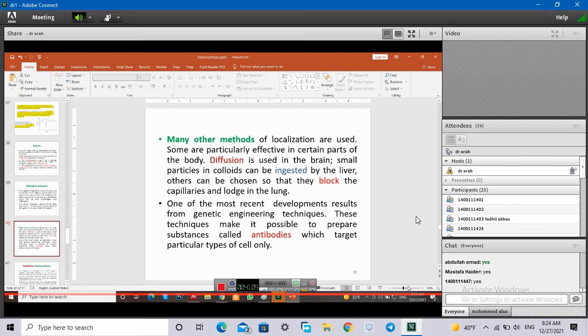In other words, with antibodies we can selectively target the desired organ without damaging the normal organ, or while sparing the normal organ.